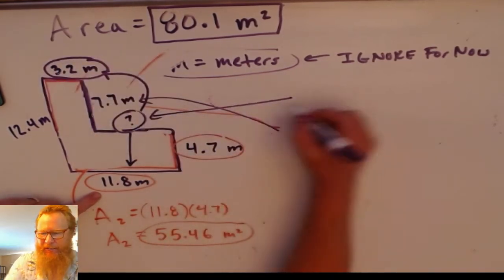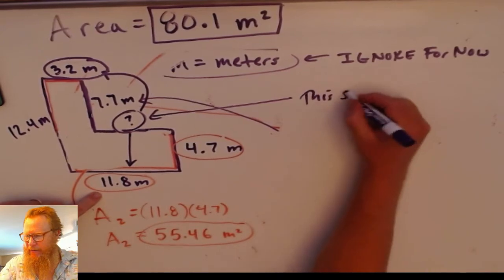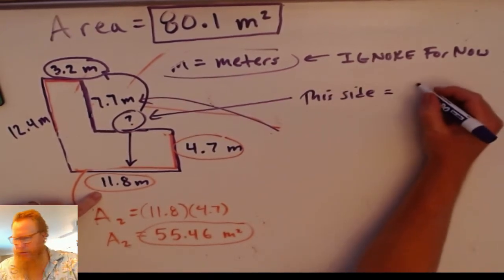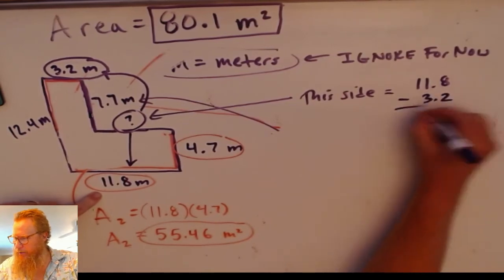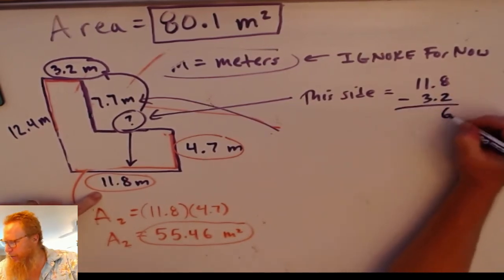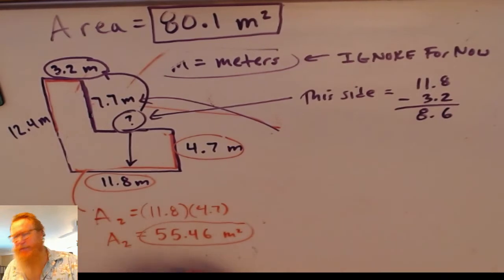So the missing side is equal to 11.8 minus 3.2. I don't need a calculator for that. That's going to be 8.6 meters.